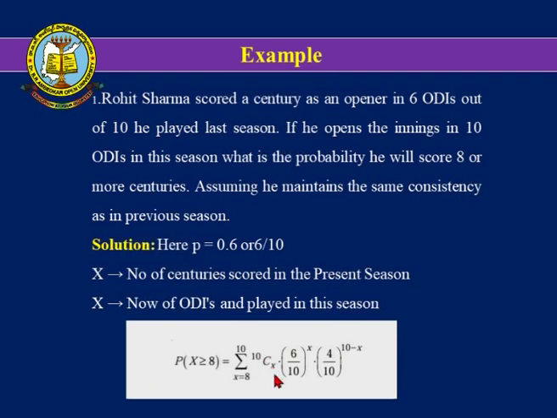What is the nCr formula? n factorial by r factorial into n minus r factorial. So 10 factorial divided by 8 factorial 2 factorial, 6 by 10 whole to the power of 8, 4 by 10 whole to the power of 10 minus 8, which is 2. Common terms get cancelled.